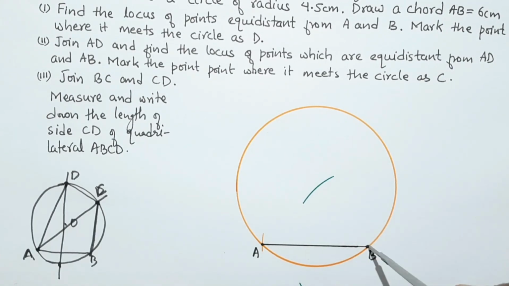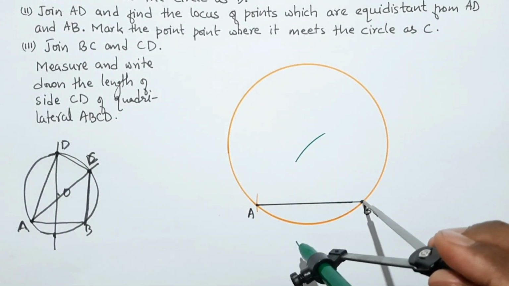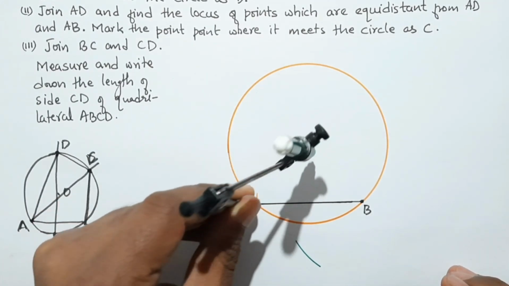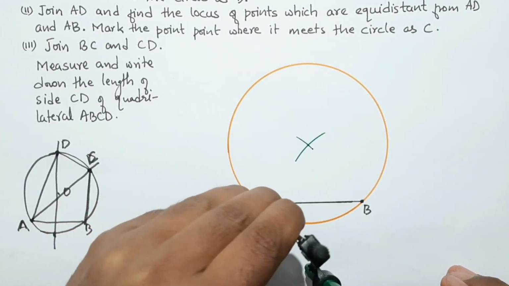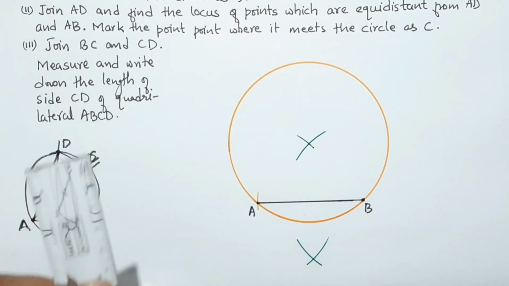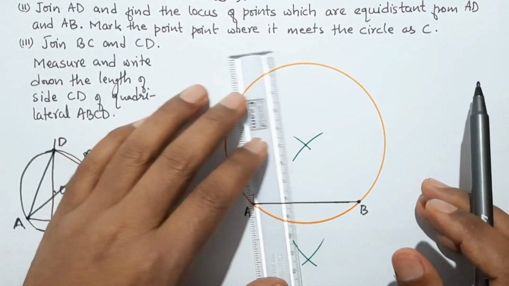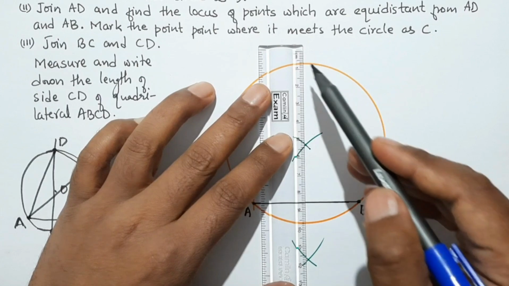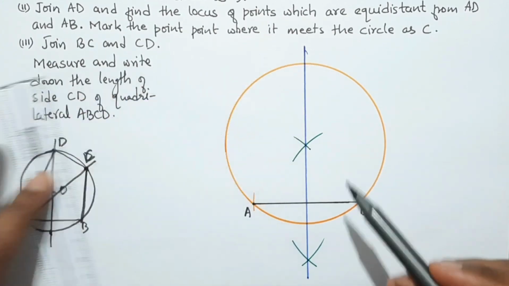Now taking the same compass at point A, cut this previous arc, done. Now we are ready to draw the perpendicular bisector of chord AB.